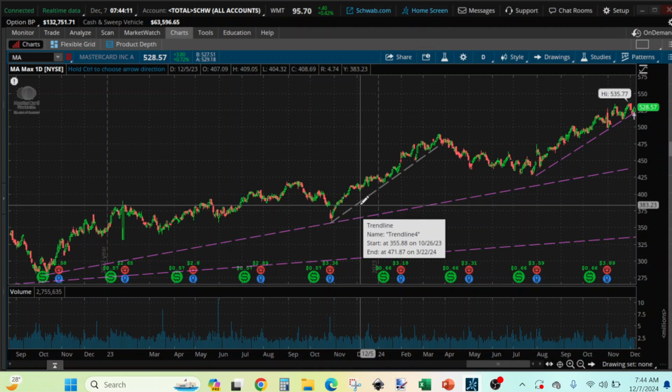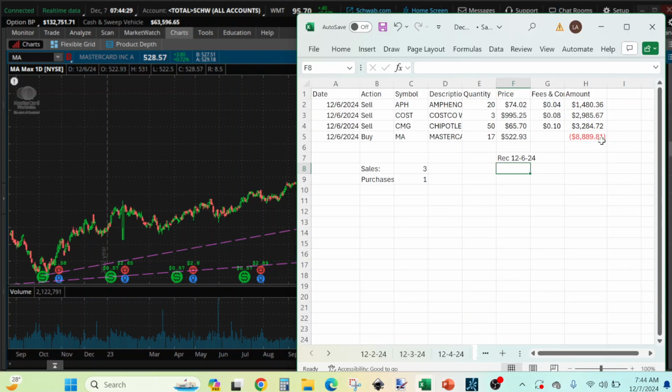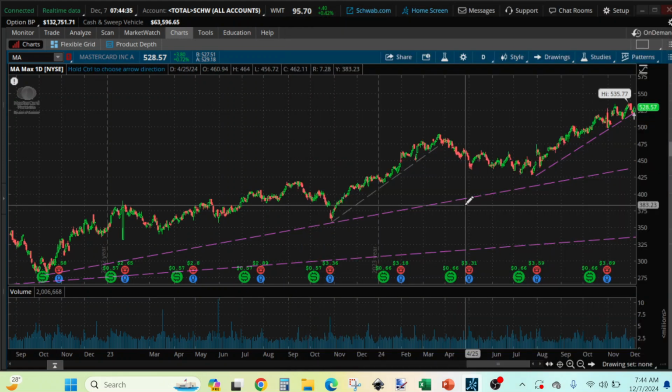And again, that fell within our swing trading amount allocated per swing trade range or bracket. So that was the idea behind this purchase.